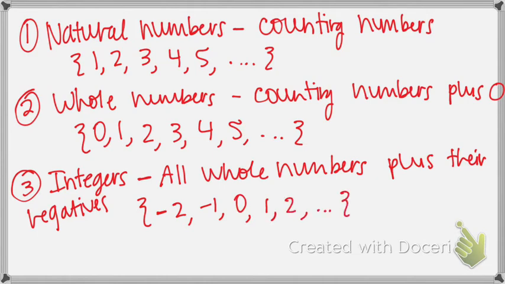It keeps going to the right, but it also goes back to the left. So those are your whole numbers plus all of your negatives. Give you just a second to write that down.